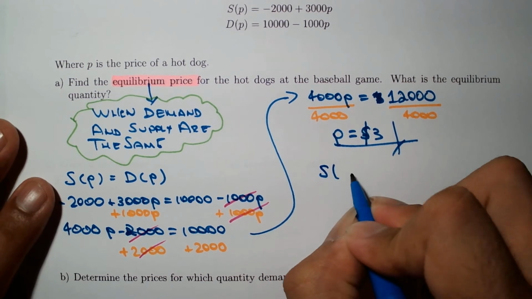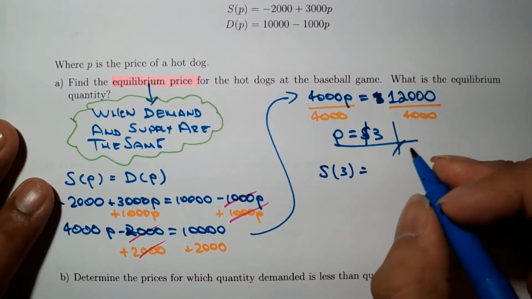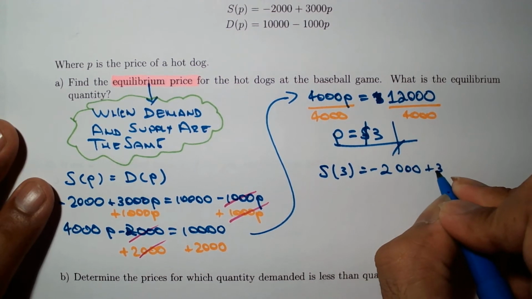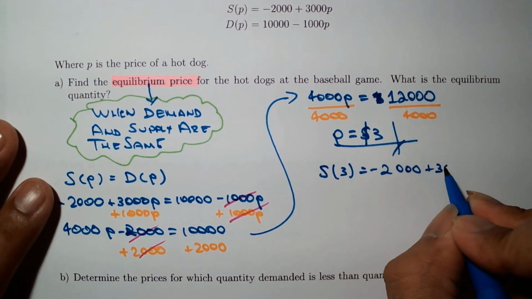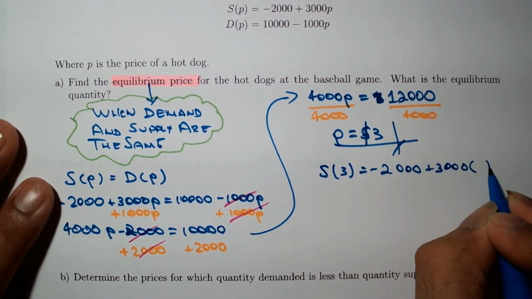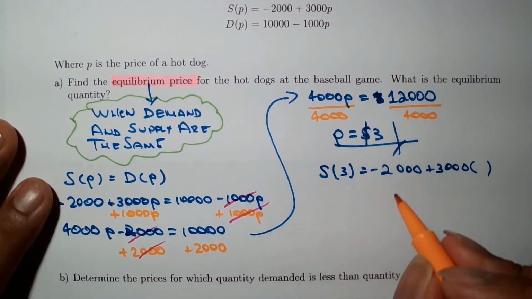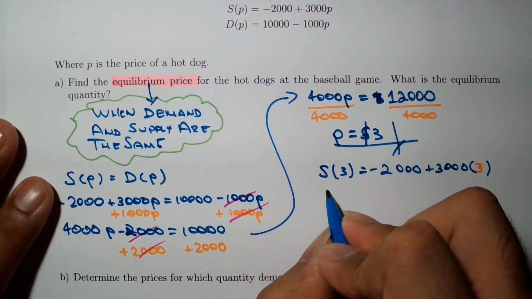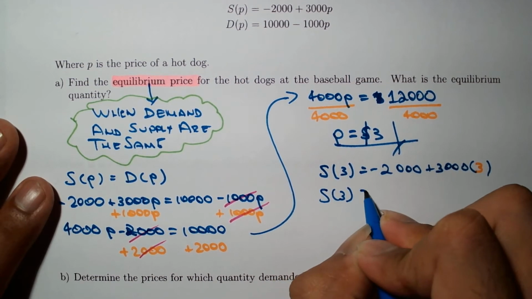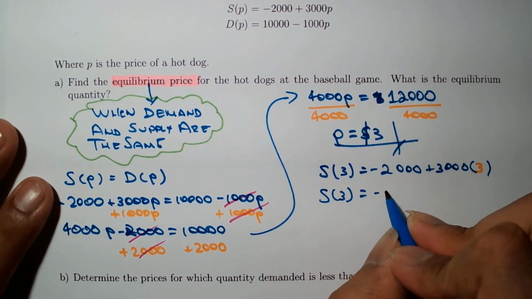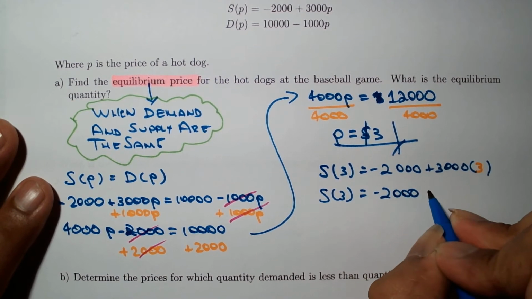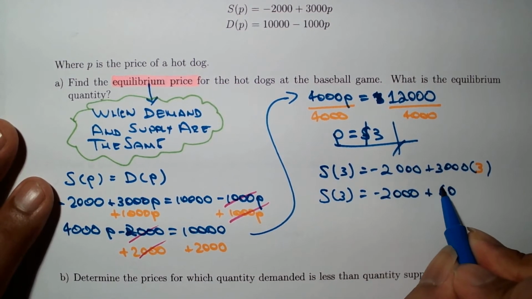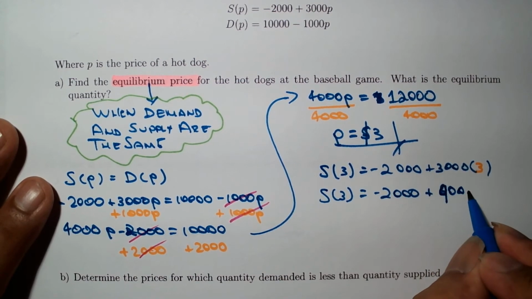So S of 3 equals negative 2,000 plus 3,000 times 3. And in this case, we are going to get the following: S of 3 will be negative 2,000 plus 9,000.